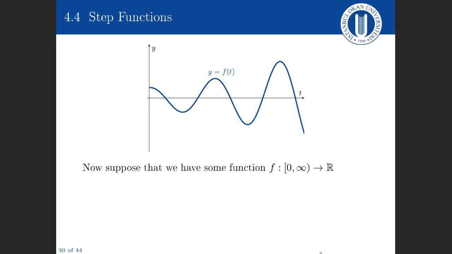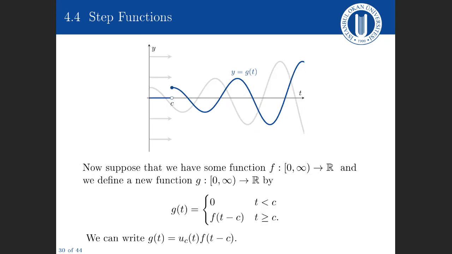Take your function and shift it to the right by c units. More precisely, I want to define a new function called g, which is equal to f of t minus c if t is greater than c, and then just to fill in what happens between 0 and c, I'm going to define the function to be equal to 0 here.